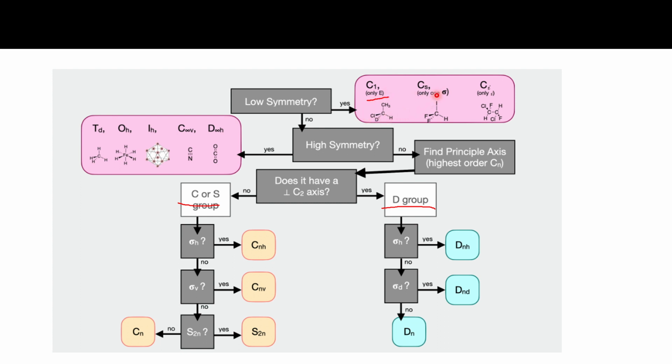If a molecule has only a sigma plane, but no C2 or C3 axis, then the point group will be Cs. And if a molecule has only Ci, then the point group will be Ci.